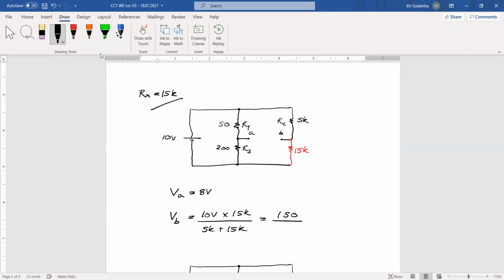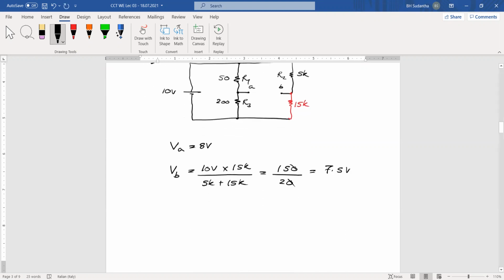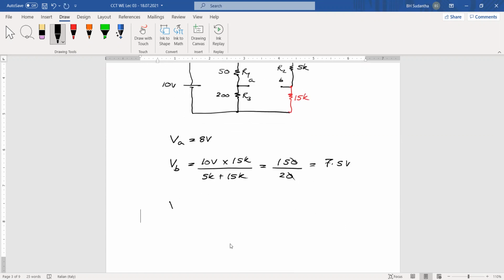This is 150 over 20. Then VAB, VA minus VB, is 0.5 volts.